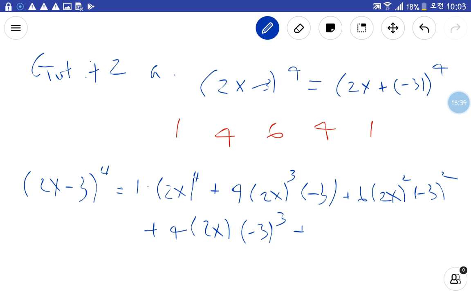Make sure your a is descending and your b is ascending. And plus 1 times negative 3 to the 4th power.